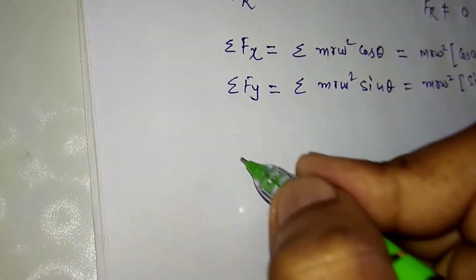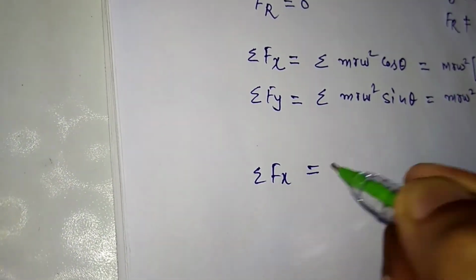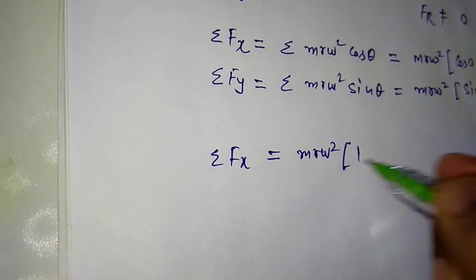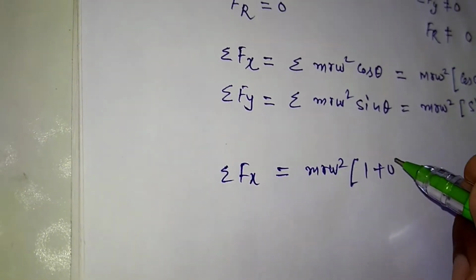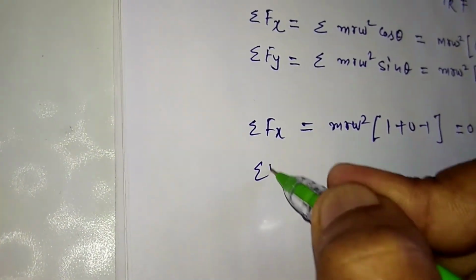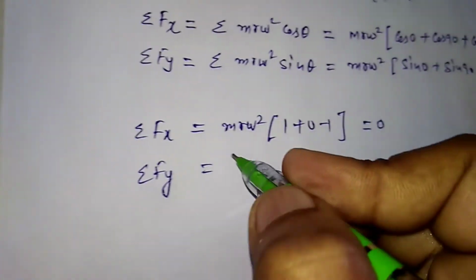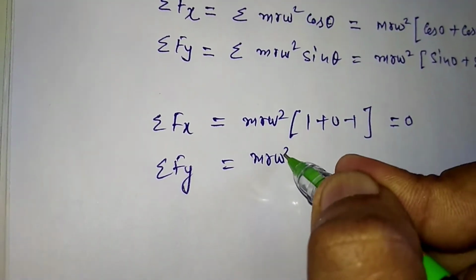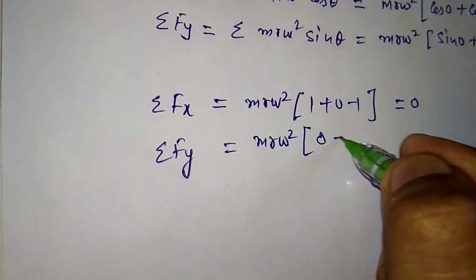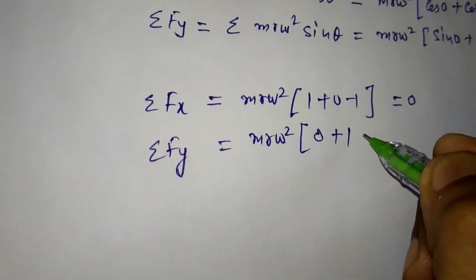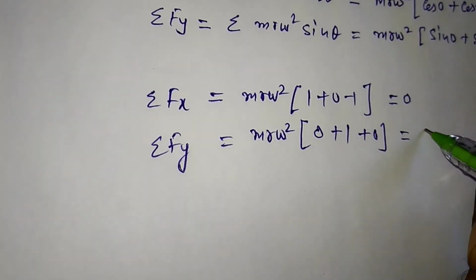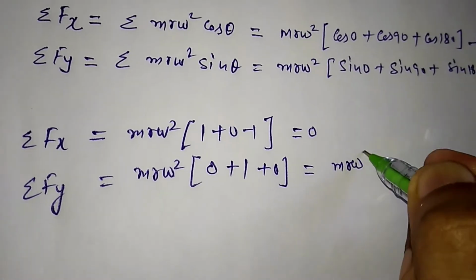Finally, summation of Fx will be equal to m r omega square into cos 0 is 1, cos 90 is 0, cos 180 is minus 1, so this will be equal to 0. Summation of Fy will be equal to m r omega square into sin 0 is 0, sin 90 is plus 1, and sin 180 is 0, so this will be equal to m r omega square.